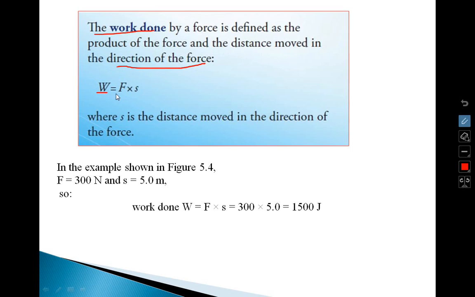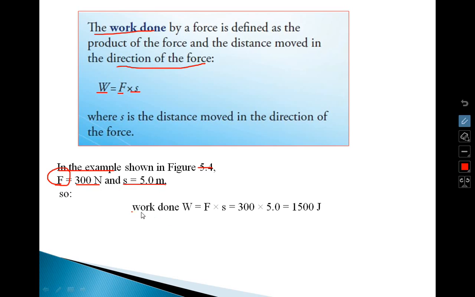So the work is equal to F times S, where S is the distance moved in the direction of the force. In the previous example shown in figure 5.4, F is equal to 300 Newton and S is equal to 5 meter.